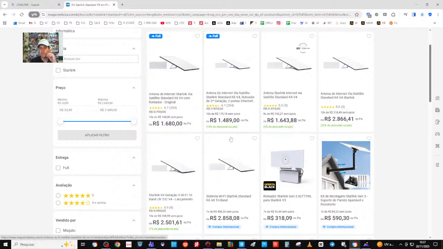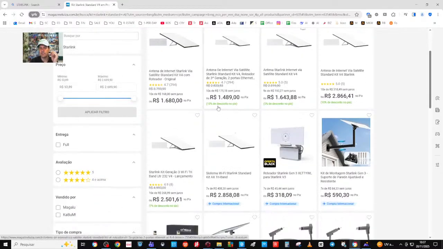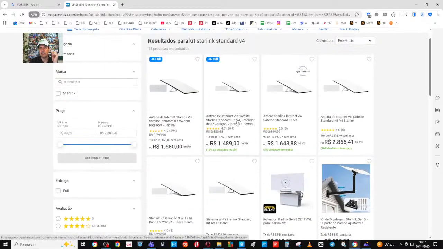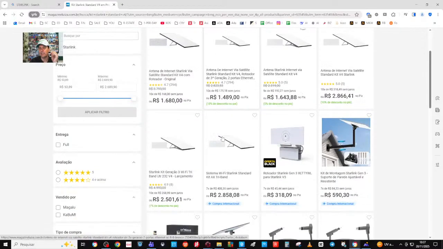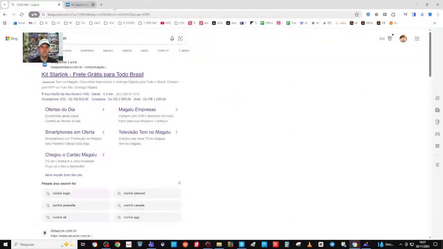Ok. E 15% de desconto no Pix, Romildo. They give you 15% of discount. Everybody, if you have internet problems, buy Starlink, ok? Ok, Starlink in Brazil too.